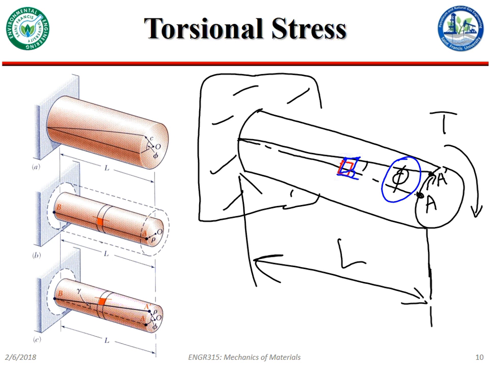If the top and the bottom of the element kind of follow how the rest of the rod is deforming, that means that the strain has to be equal to what's called the angle of twist of the rod, or how much the rod has twisted in response to the torque, how much it's deformed in response to the torque in an angular sense.